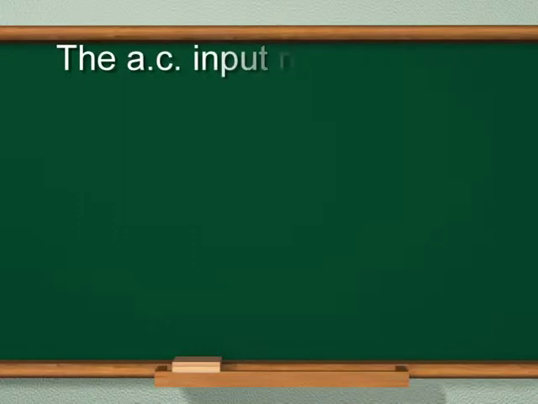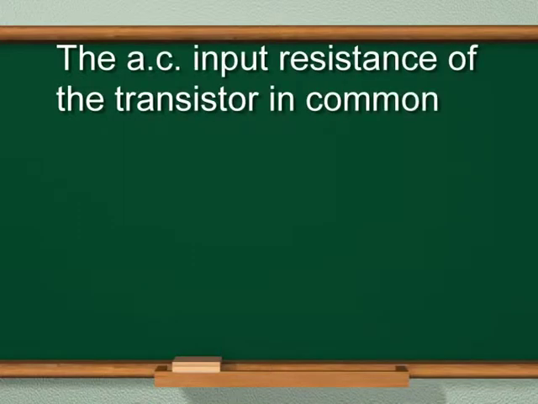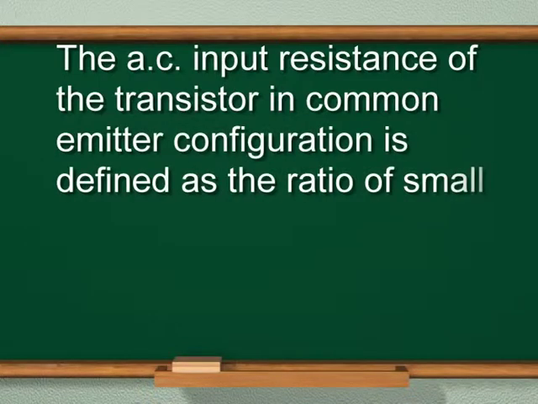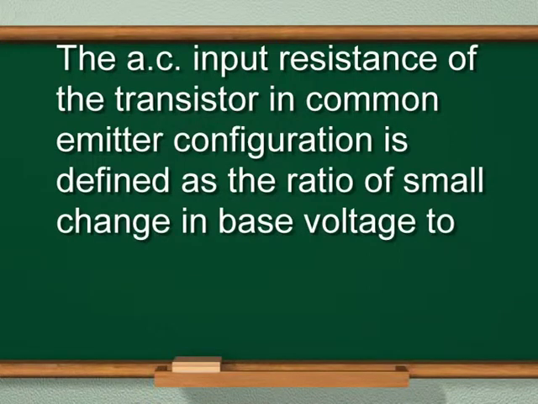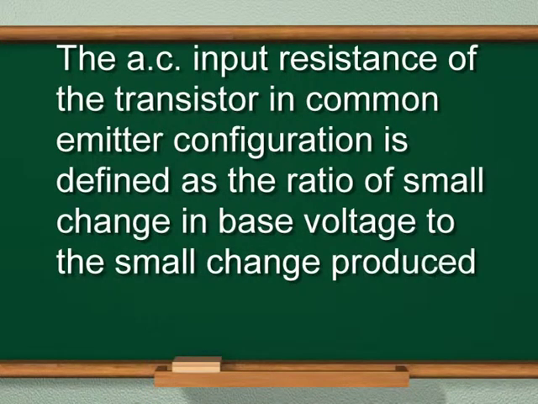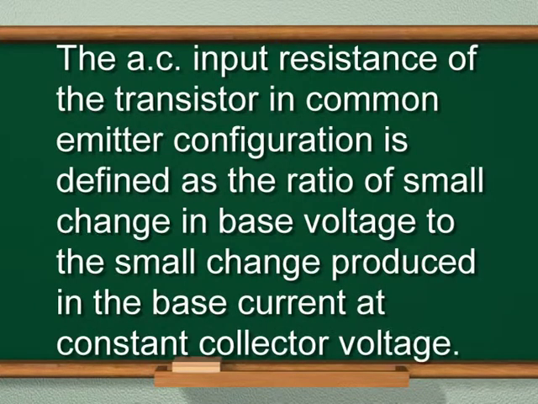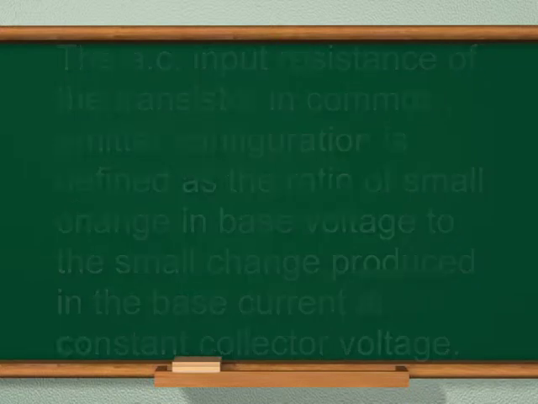Then the AC input resistance of the transistor in common emitter configuration is defined as the ratio of small change in base voltage to the small change produced in the base current at constant collector voltage, and is denoted by Rin.